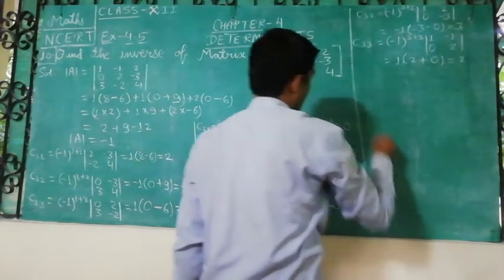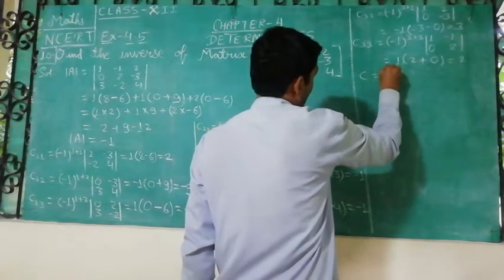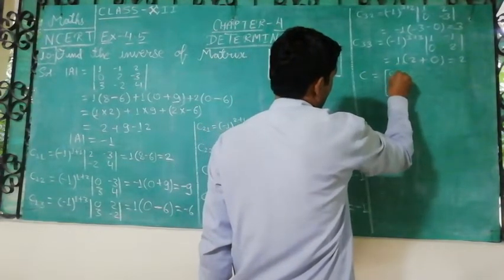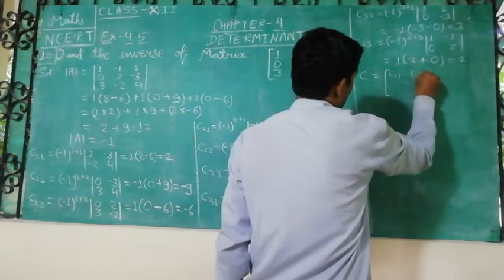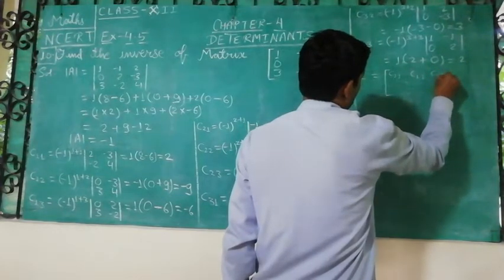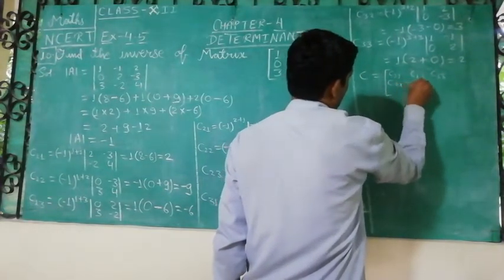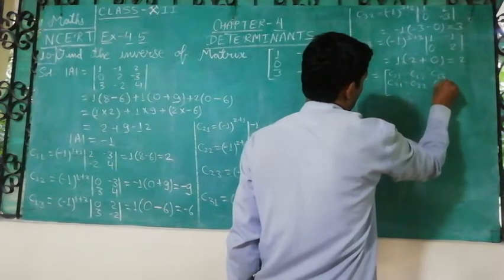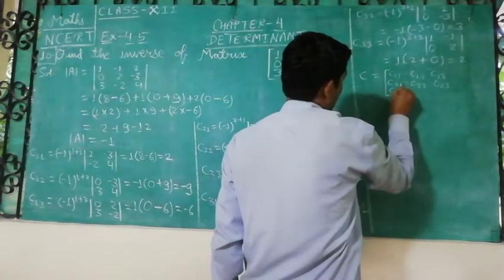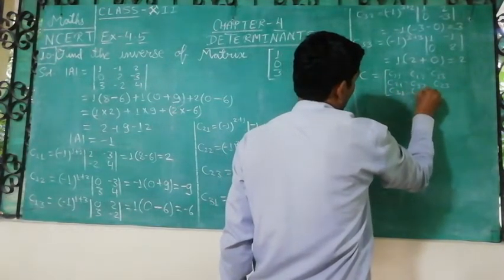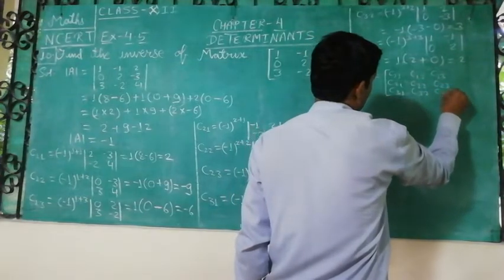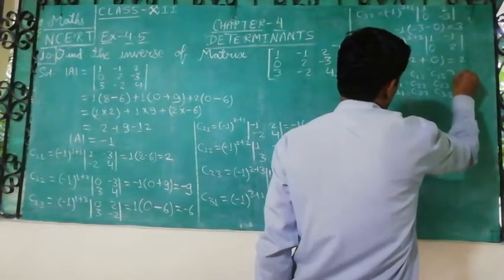Now we have to find C, which will be equal to C11, C12, C13, C21, C22 and C23, C31, C32 and C33. So that will be equal to what?